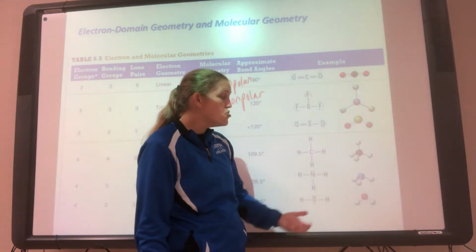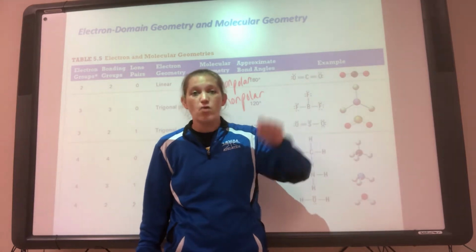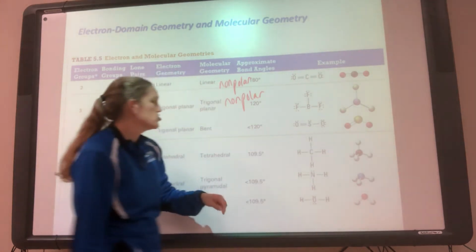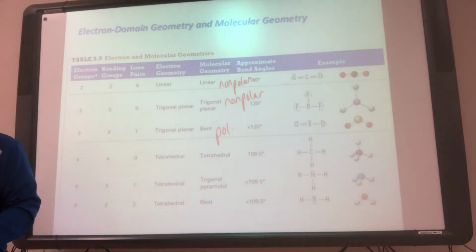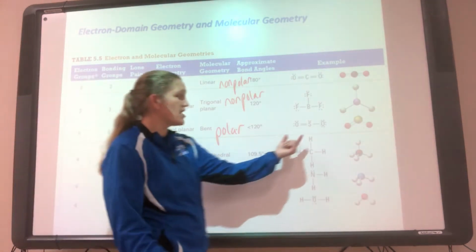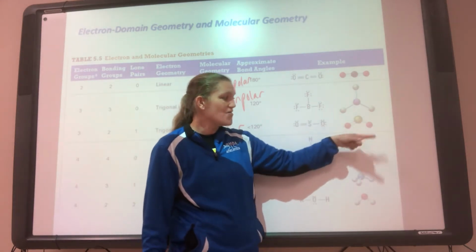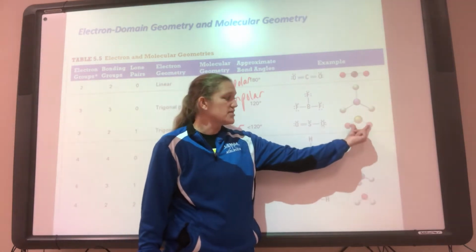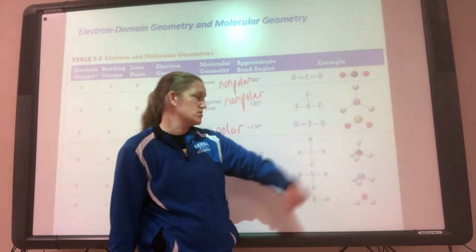So if this central atom moves, then that means he's what? He's polar. So if it's bent, he's going to be polar. It doesn't matter if these are the same or not. See how these were the same elements? Because it's at an angle, it didn't matter that these two were pulling the exact same. Because there's an angle, it ends up not being able to cancel.